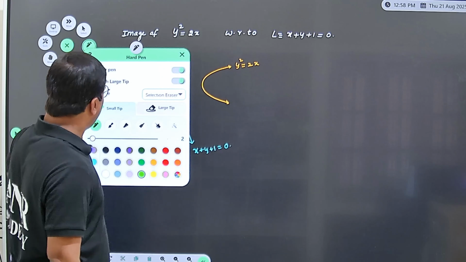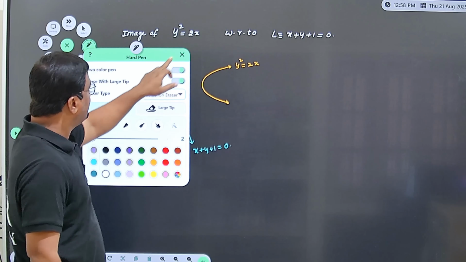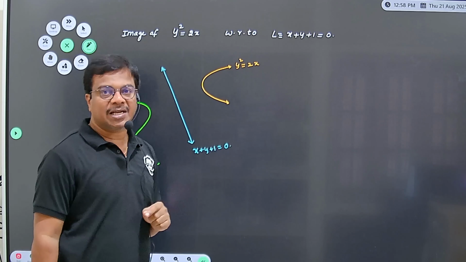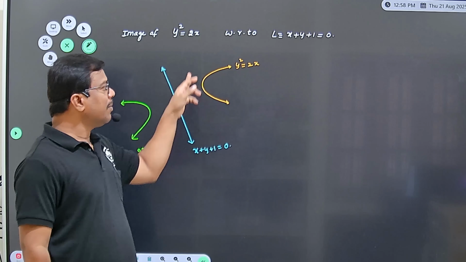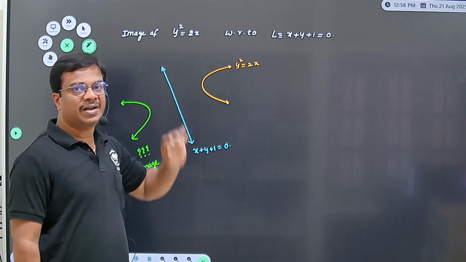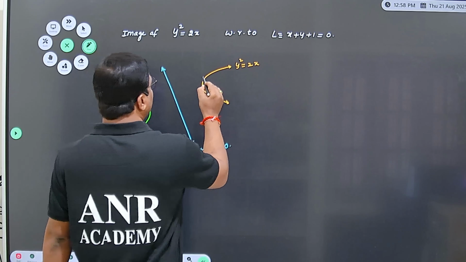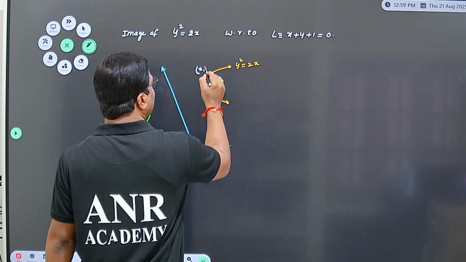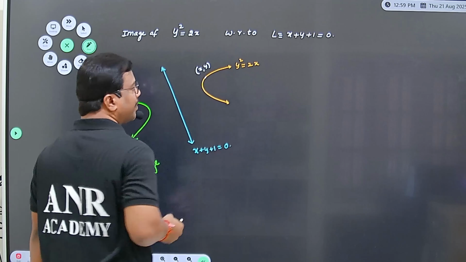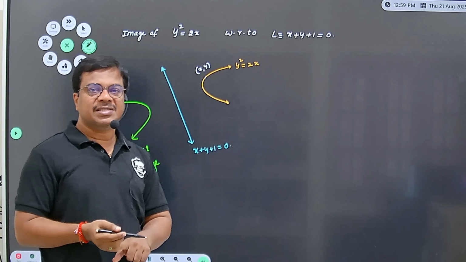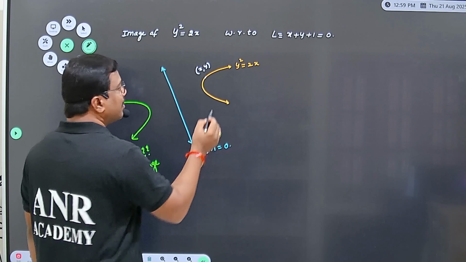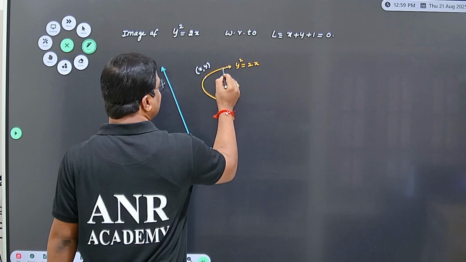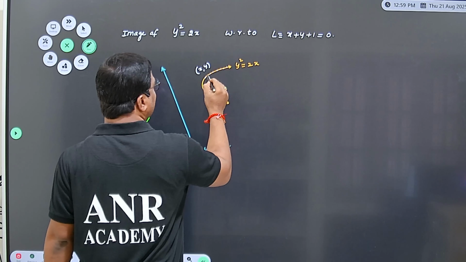Yes, to solve this, first I am going to select a general point which lies on the given curve, whose coordinates, suppose, are x comma y. Every geometrical figure is a collection of points which satisfies a consistent geometrical condition.